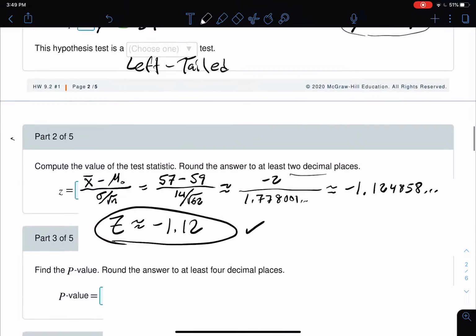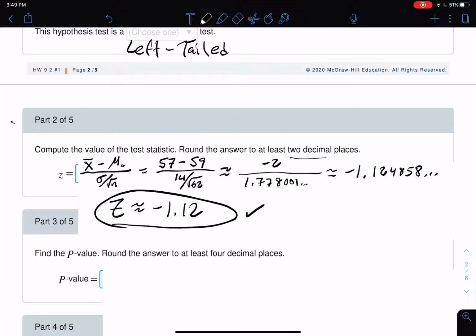It's good to remember this p-value method, once again, does a similar thing, but it does it in a different way, and it can be a little bit confusing, bouncing back and forth. So you really have to try to lock in the difference between the p-value method and the critical value method. So let's get this p-value first of all.